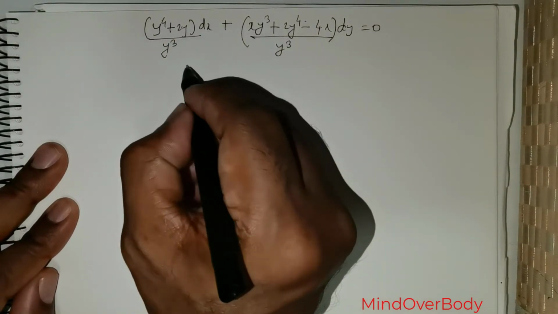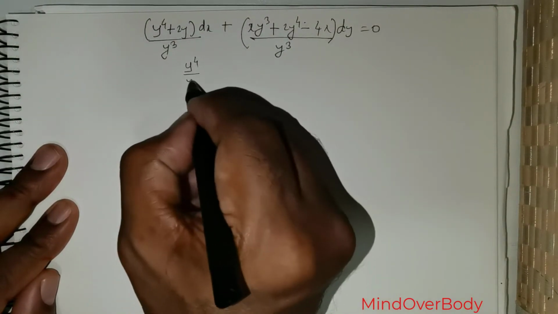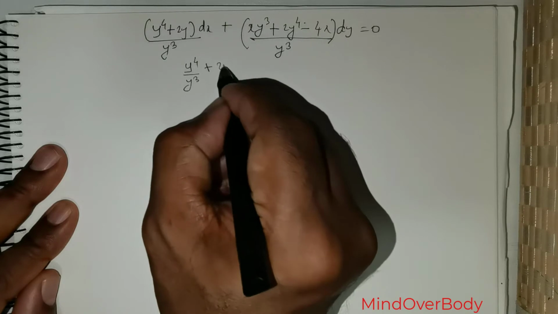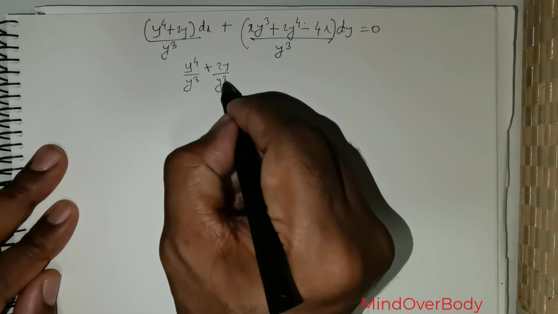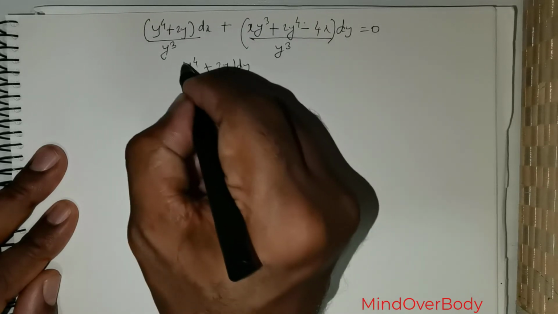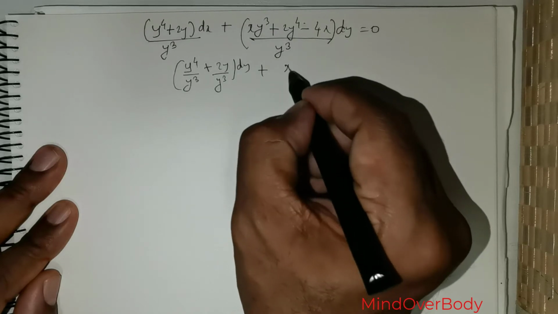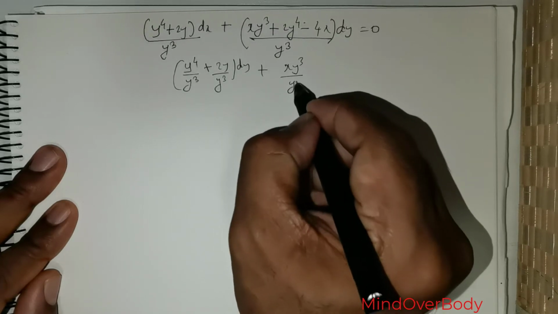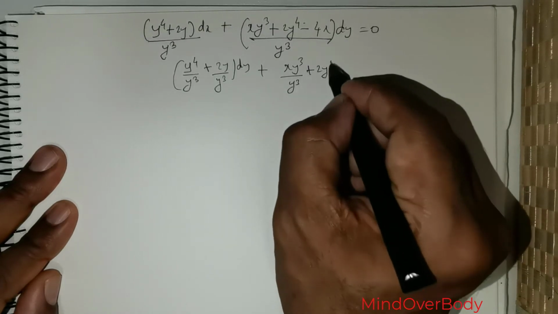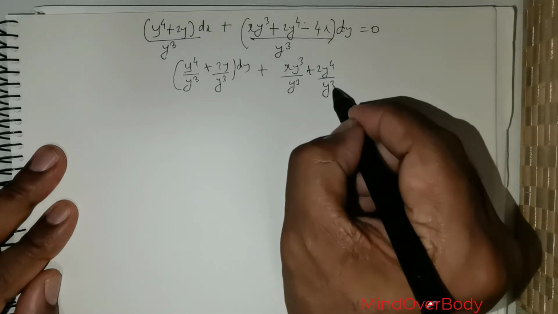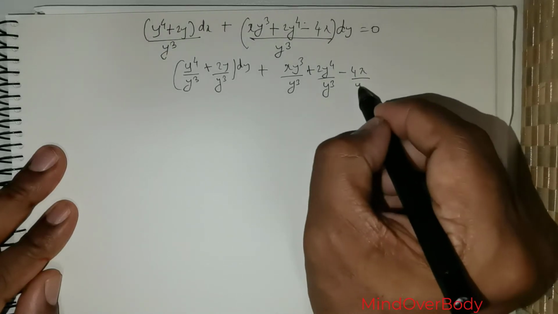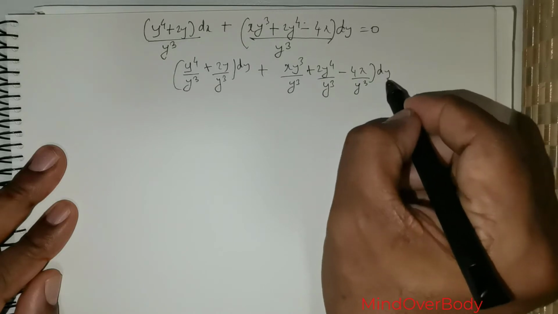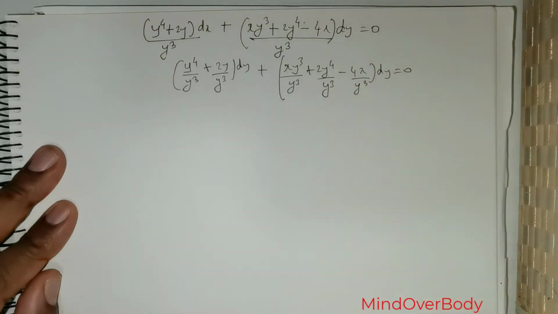Now I can rewrite this as y raised to the power of 4 divided by y cubed, positive 2 times y divided by y cubed times dy, positive xy cubed divided by y cubed, positive 2 times y raised to the power of 4 divided by y cubed, negative 4 times x divided by y cubed times dy is equal to 0. This is what we have got.